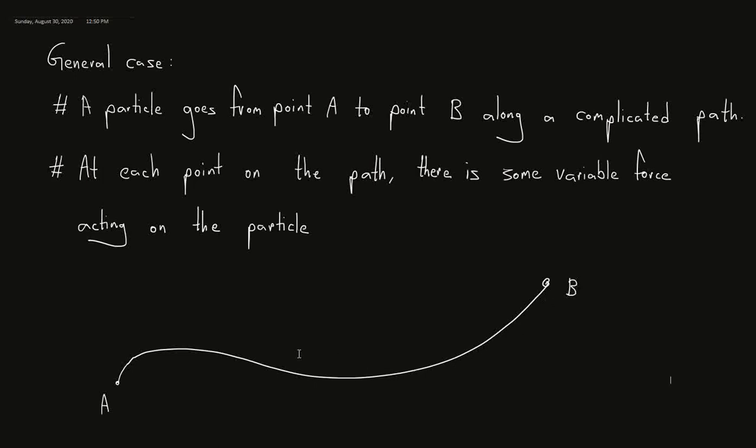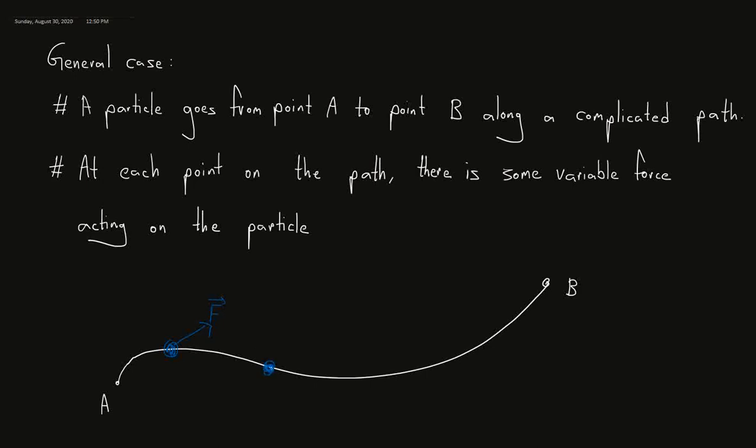And let's suppose when you have a particle going along this path, at each point you would have some force acting on it. Now there is no guarantee that at each point the force would be the same. It could be different. It could have a different magnitude, and the force could even point in a different direction.